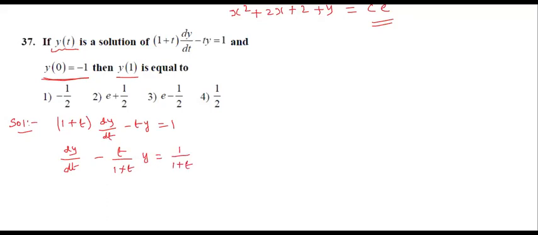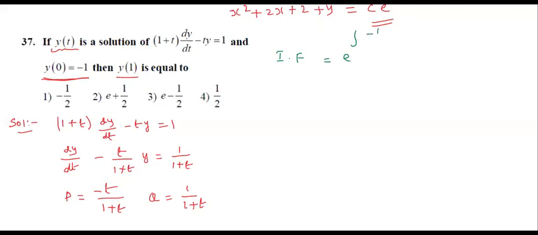So here, what is p, students? Minus t by 1 plus t. And what is q? 1 by 1 plus t. P and q are in terms of t. Now I am going to find the integrating factor, that is e power integration p dt.